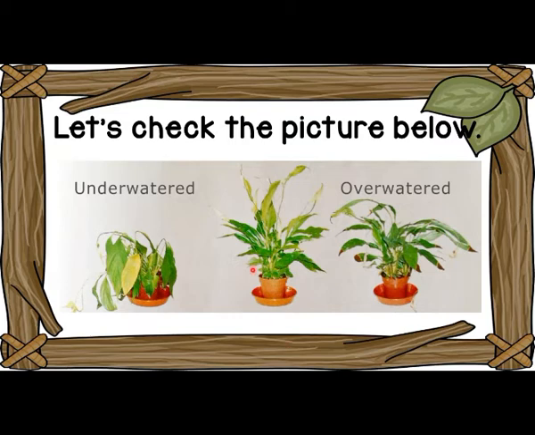So the first plant here is underwater, or the water that is given to this plant is not enough. And then the middle one, it has enough water. And the last one, it has overwater, or it has too much water from the people watering it.